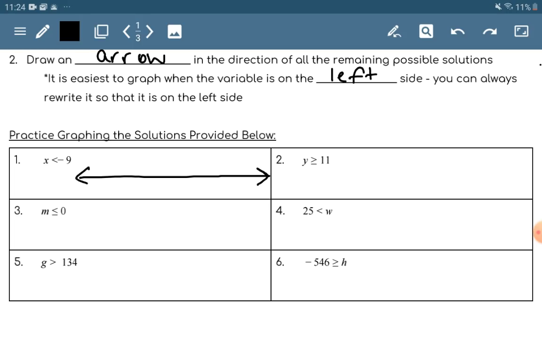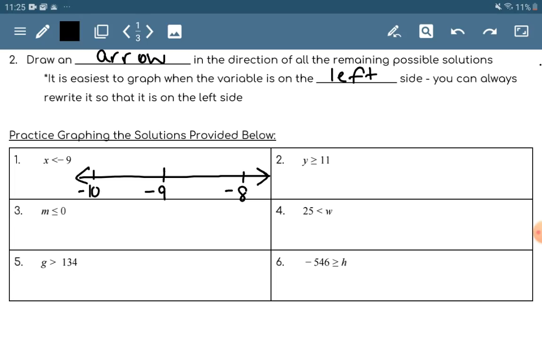What we do need to include on the number line is the solution, and the solution in number 1 is -9. So right in the center of my number line, I'm going to put -9. We also need at least one number larger to the right, and that would be -8. And we need at least one number smaller to the left, which would be -10.